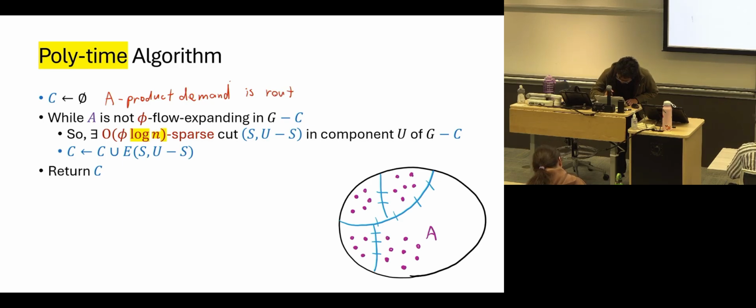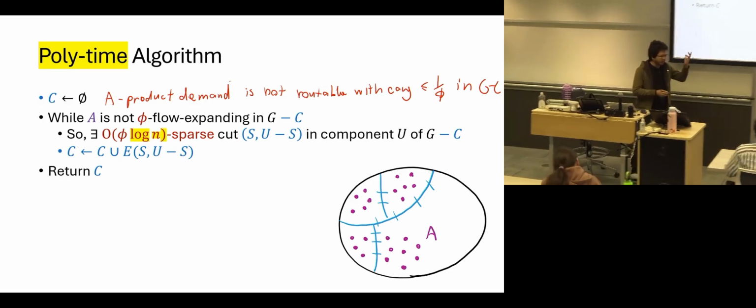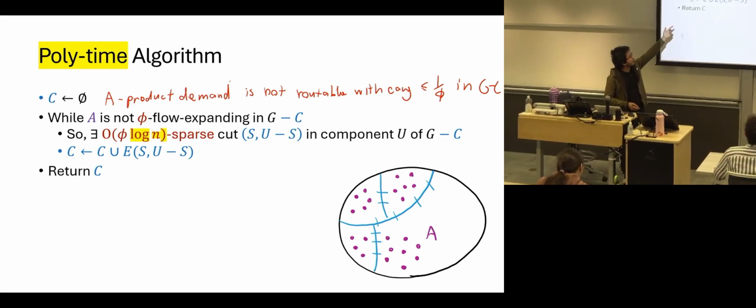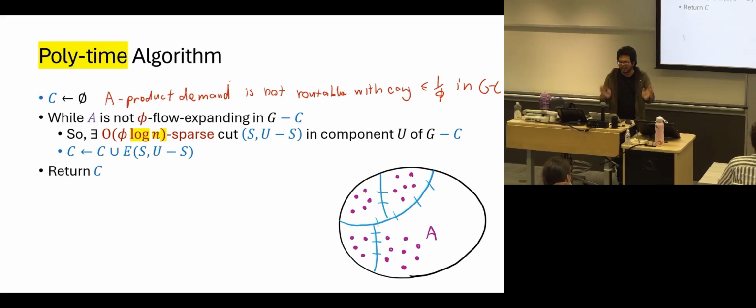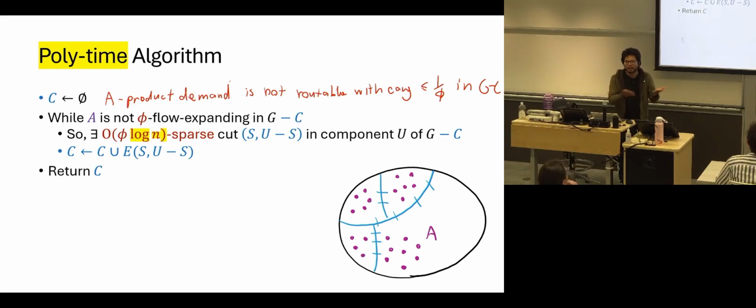Is it routable with congestion at most 1/5 in G minus C? This is just checking if this demand is routable or not. You agree, right? We have seen a linear program that captures this.